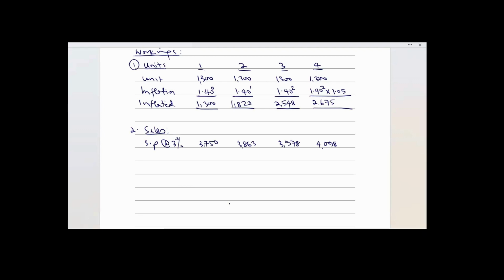I need to multiply this with the number of units to get total sales. This is my units.